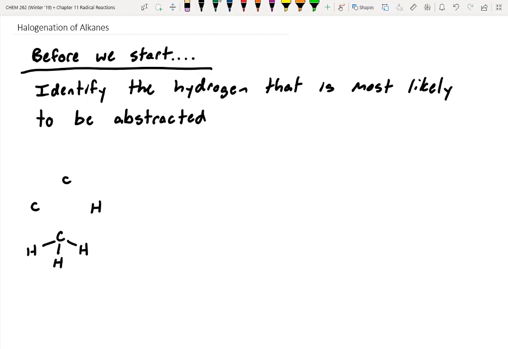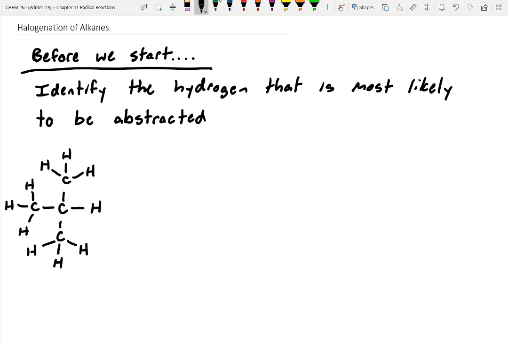In fact, sorry, it's gonna bug me. There we go. So we've got this compound with a bunch of hydrogens on it. Our goal is to find the hydrogen that is most likely to be abstracted.